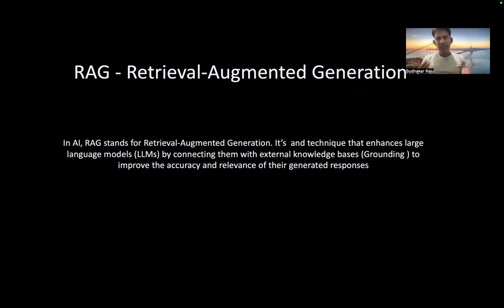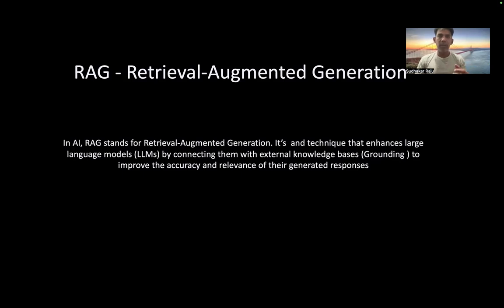Okay. What exactly does retrieval augmented generation mean? As I said before, it's a technique to enhance your LLM or the foundation model with an external knowledge base. Basically, in AI models, it's called grounding, to improve your accuracy and relevance of the generated response.